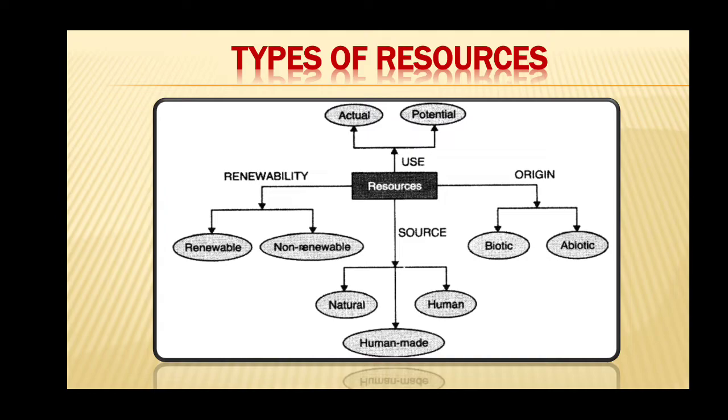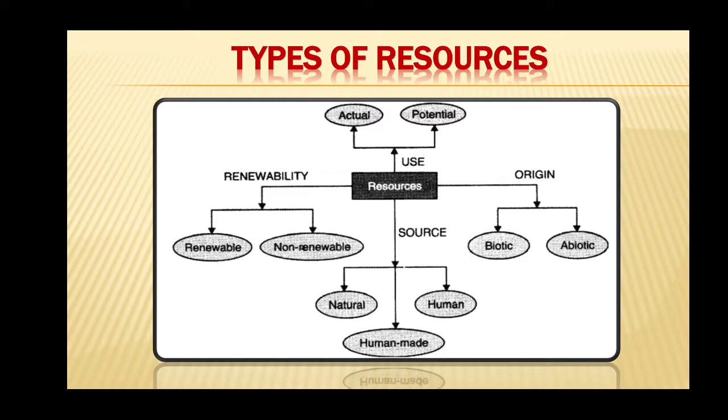Here you can see resources in the center, and resources are classified into natural, human, and human made resources. Human resources and human made resources are both different. They are not similar. Human made resources are separate and human resources are a different one. I will explain it clearly later.